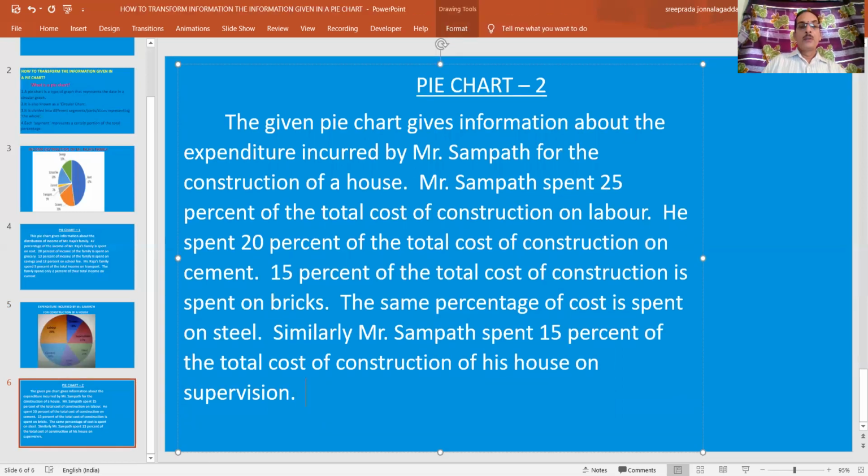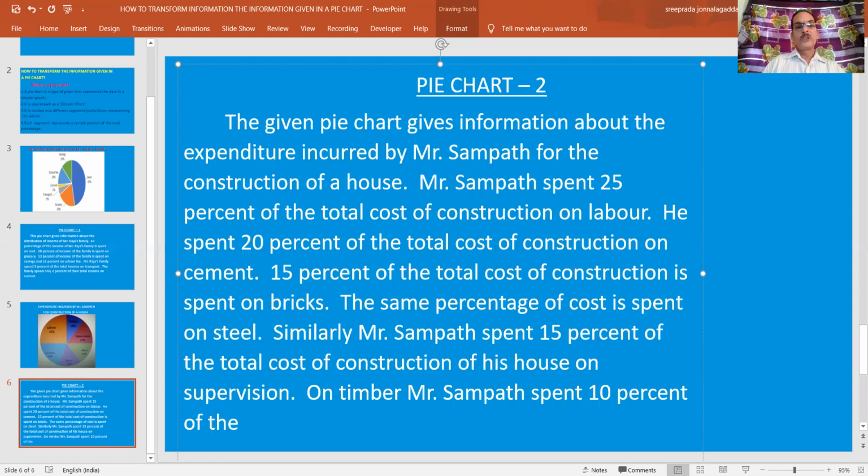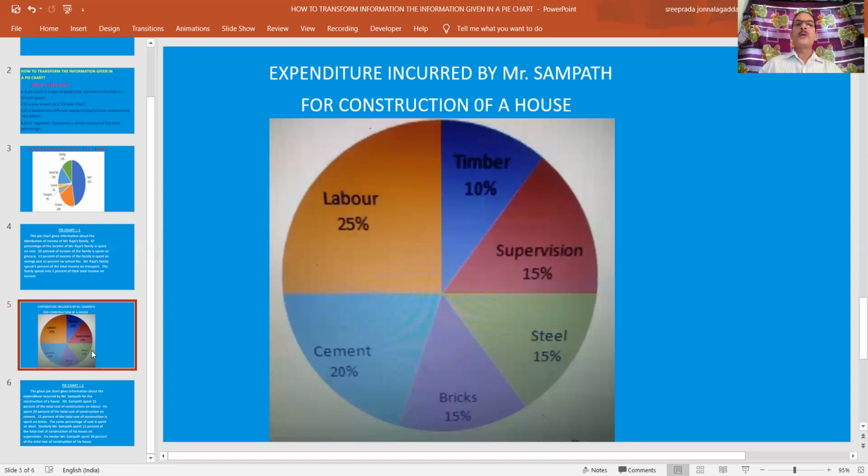Right. On timber, Mr. Sampath, how much percentage? 10% of the total cost of construction of his house. So this is the information given in the form of this pie chart actually.